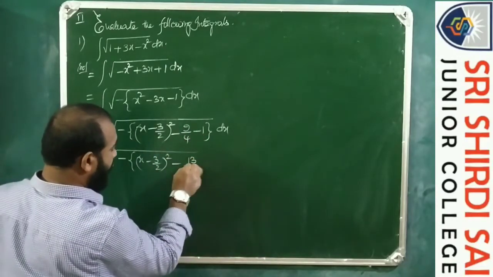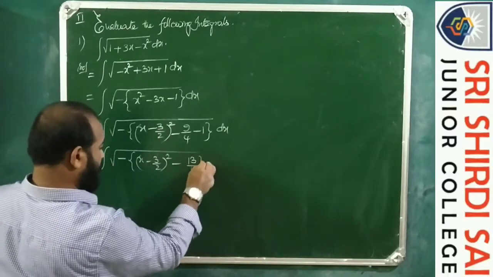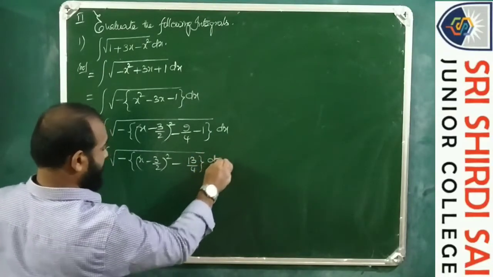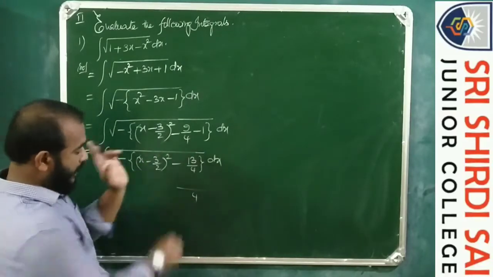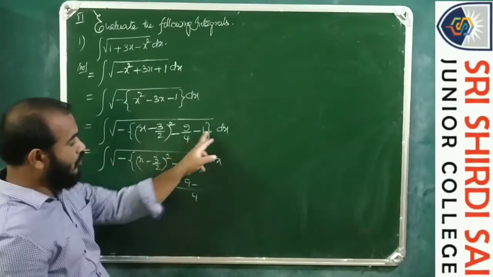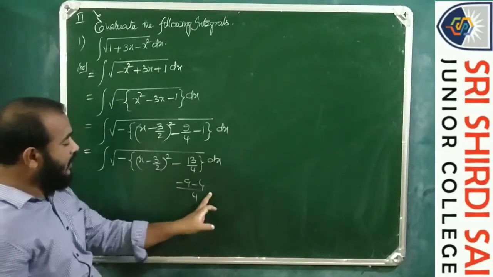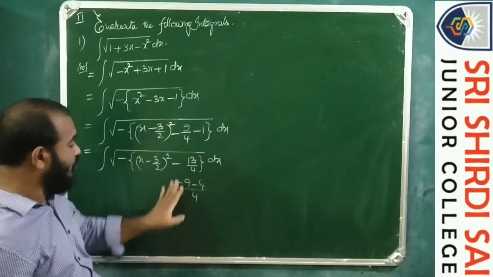So this is 13 by 4, dx. This is the LCM 4. So minus 9 minus 4 ones are 4. So minus 9 minus 4 is minus 13 by 4.